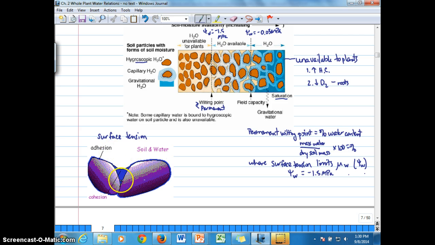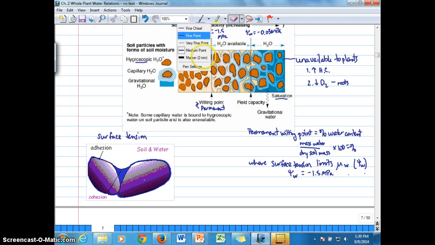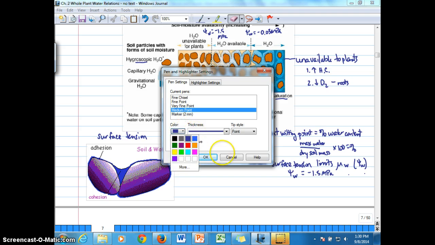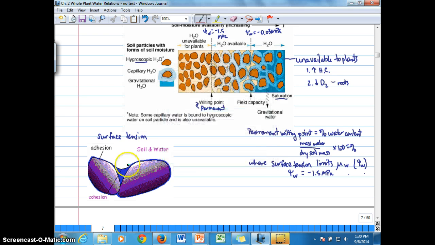And then we can see in this capillary space the collection of water, which is bound together by cohesion. There is this air water interface that occurs right here that I'm going to change the color of this pen so we can see this more clearly. There we go.